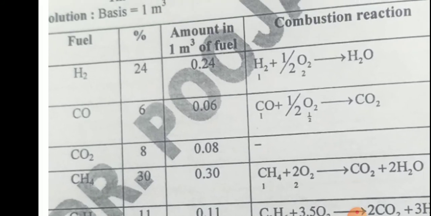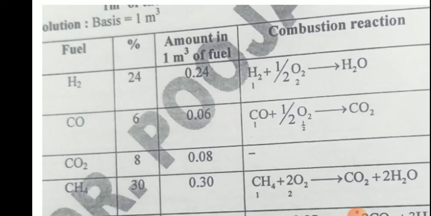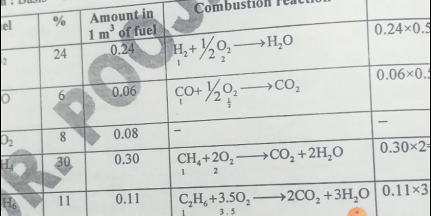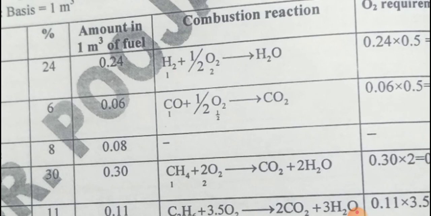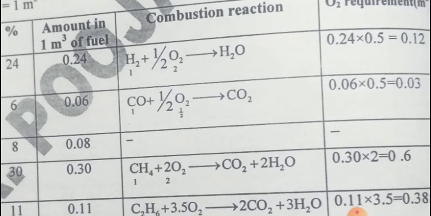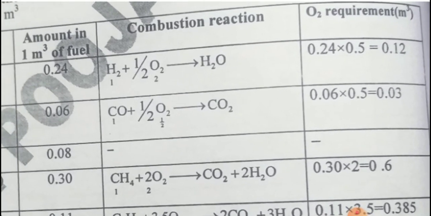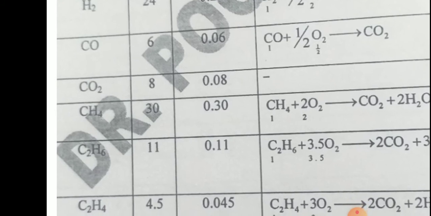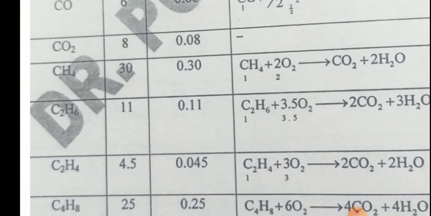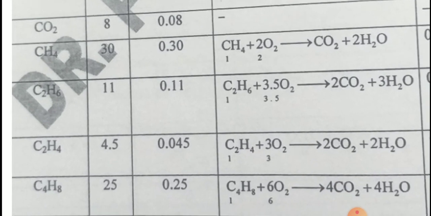For carbon monoxide, 6% in 1 meter cube is 0.06. Carbon monoxide requires half mole of oxygen to form the combustion product carbon dioxide. 0.06 into 0.5 is equal to 0.03, the oxygen needed by carbon monoxide. Carbon dioxide does not undergo combustion.